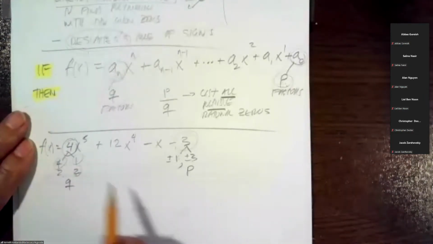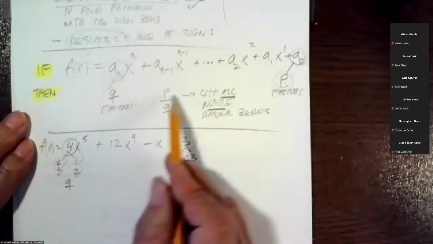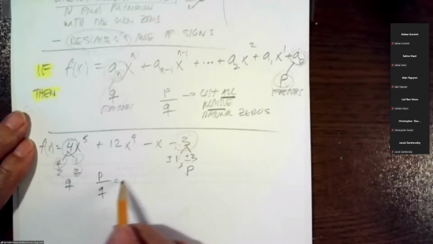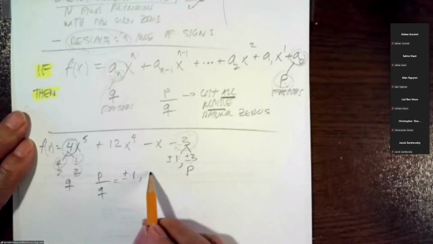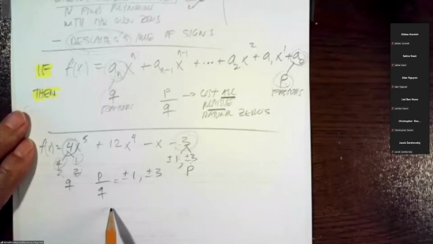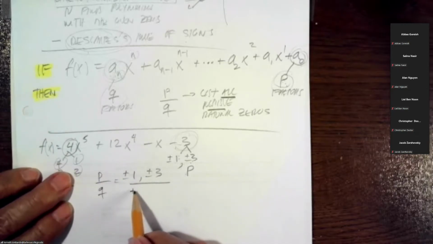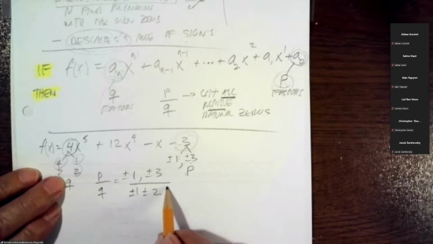And so the theorem says, if that's true, then p over q, well, p is plus or minus 1 and plus or minus 3, over q, which is plus or minus 1, plus or minus 2, plus or minus 4.